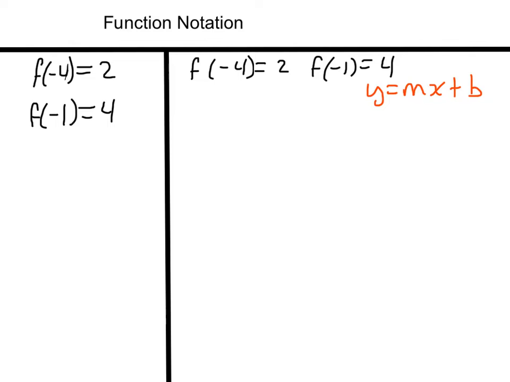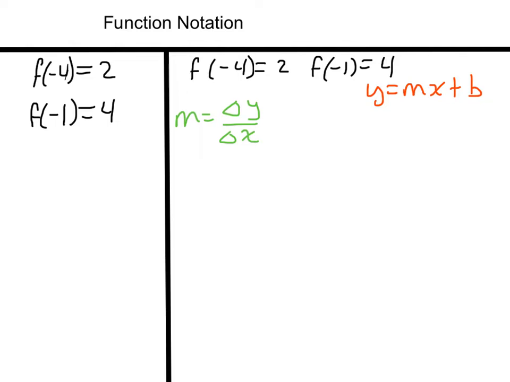And so again, I'm going to do a t-chart. So for my slope, I'm using m equals delta y over delta x. You can use y2 minus y1 over x2 minus x1 if you want.